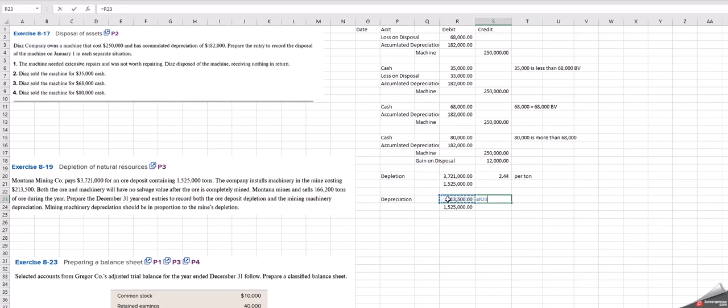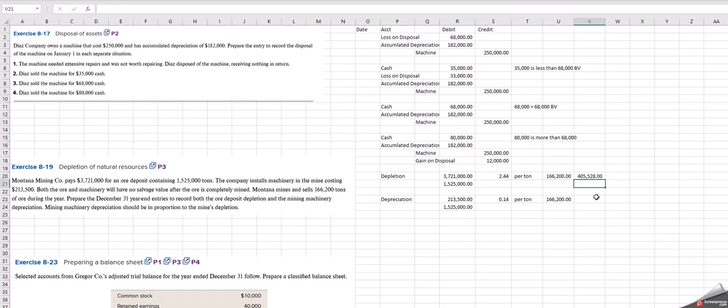That gives us 14 cents per ton. Then they mined and sold 166,200 tons. So we take the rate per ton times the number of tons, and that gives us our depletion, and the same thing with the depreciation.